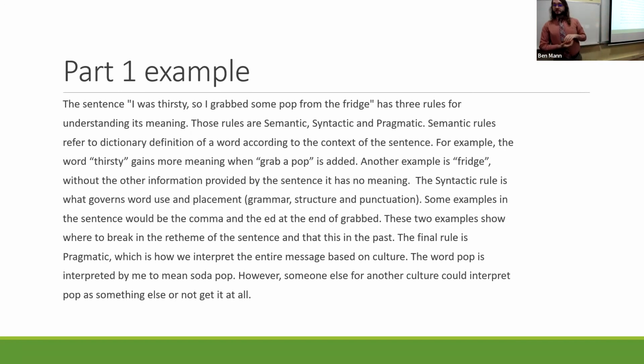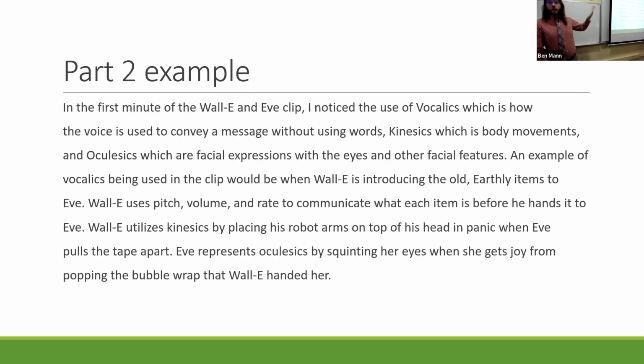And then the use of pragmatic is the use of culture and context. So the explanation that pop, or soda pop, is something that we use culturally to understand and define a carbonated beverage, all get at those 3 different rules. So I thought this response did a great job of highlighting each of those 3 rules, explaining the relevance to the sentence.